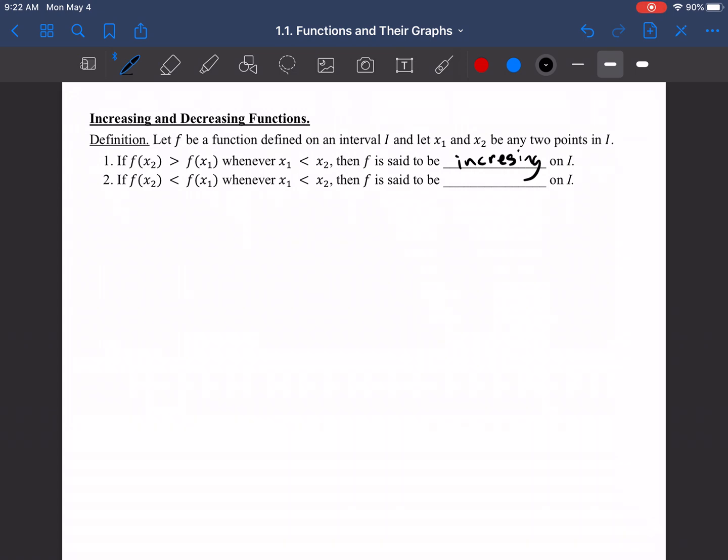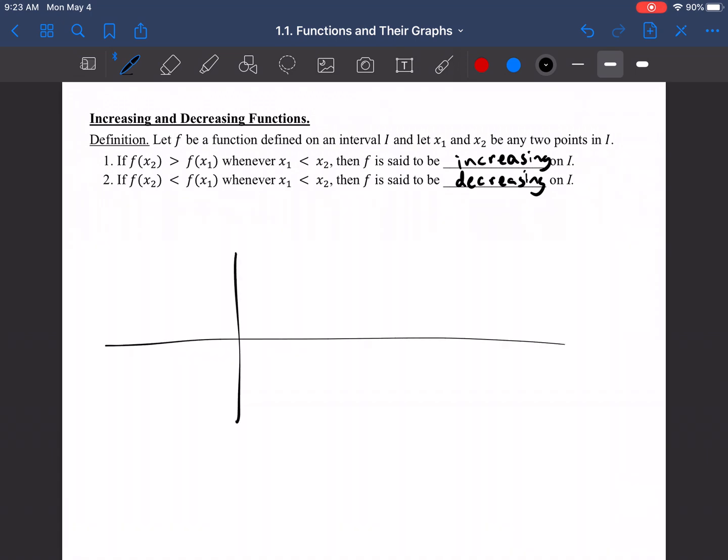I did not spell increasing correctly. And if f of x2 is less than f of x1, where x1 is less than x2, then f of x is said to be decreasing. All right, kind of fancy way of just saying that if you're moving from left to right, if you're going uphill, it's increasing. If you're going downhill, it's decreasing.